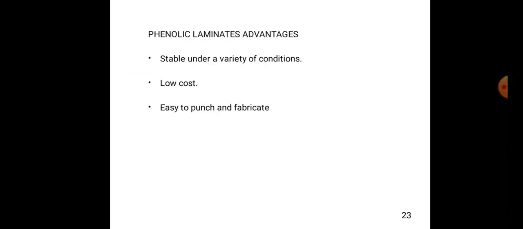The meaning is that in different environment conditions, we can use phenolic laminates. The cost of phenolic laminates is low, and they are easy to punch and fabricate. The main thing is we make punches on the board, and that comfort is more in phenolic laminates. So what are the disadvantages?